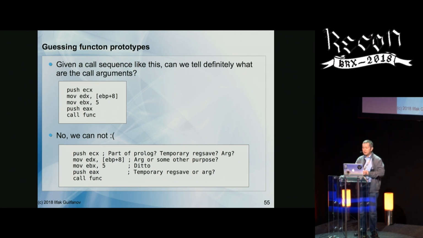Therefore, the decompiler has to guess. It guesses nicely 90% of the time, maybe 95. I never calculated the success rate. But anyway, there is a danger of guessing wrongly and producing wrong code. But fortunately for us, the user, or you using the SDK, can tell the decompiler, I know the prototype of this call, please use it for the decompilation.